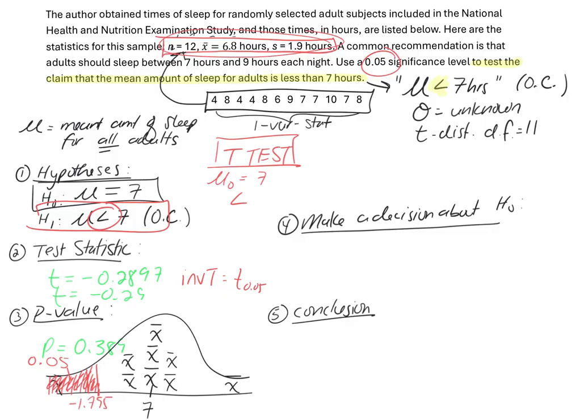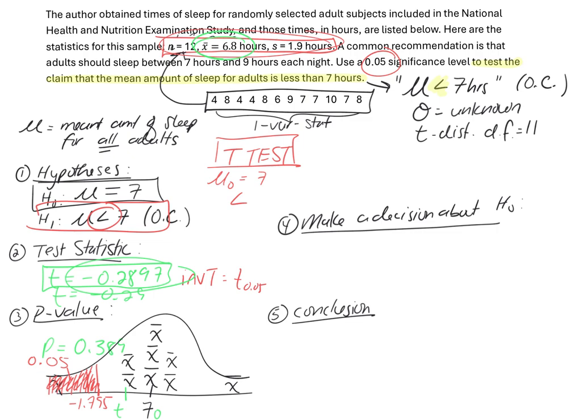Now we can see our test statistic for our sample mean of 6.8 hours. So we go, yeah, 6.8 hours is less than 7 hours. But we can see from the test statistic that the t-value of negative 0.29 is really not that far away from the center where the t-score is 0. So it doesn't fall in the critical region, because that test statistic is not more negative than negative 1.79.